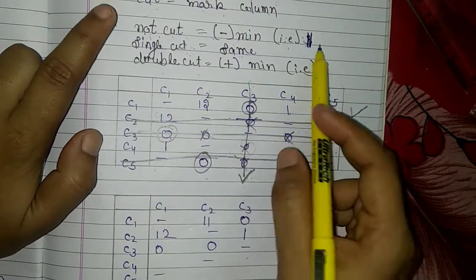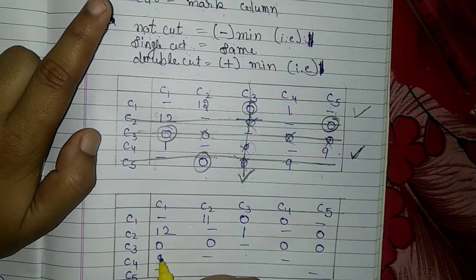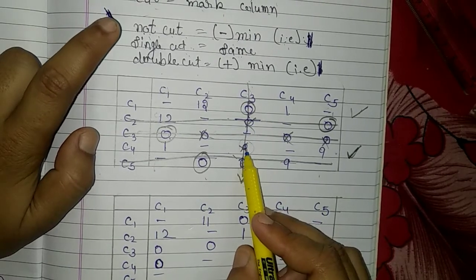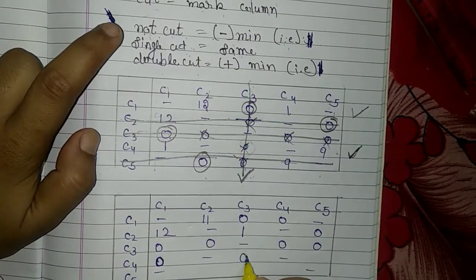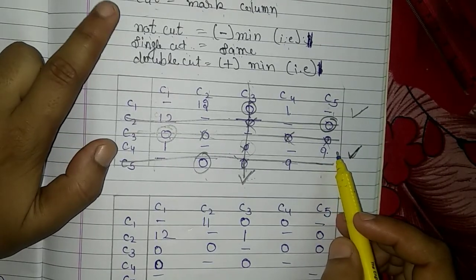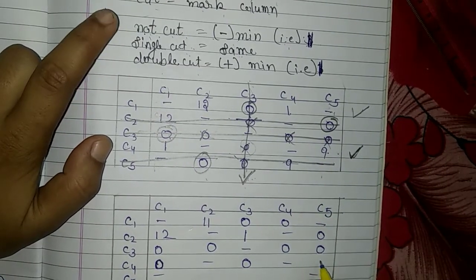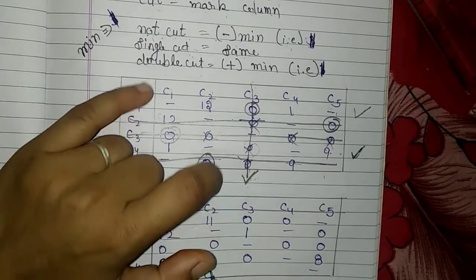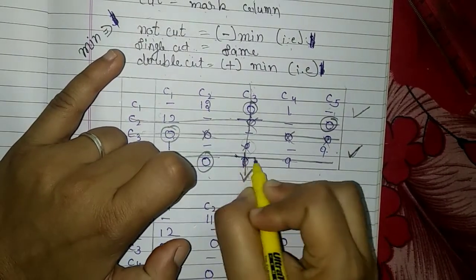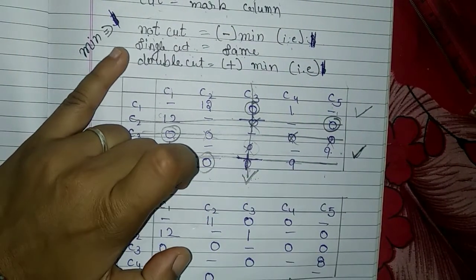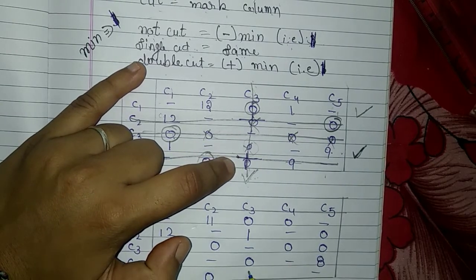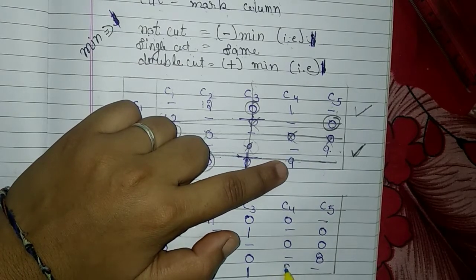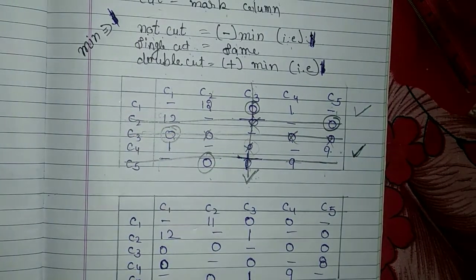Not cut number, subtract the minimum number. 1 minus 1 is 0. 0 single cut, same. 9 not cut, 9 minus 1 is 8. 0 single cut. 0 double cut. Double cut, add the minimum number, 0 plus 1 is 1. Single cut, write as same. Now we can make assignment.